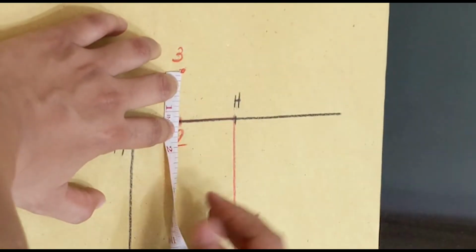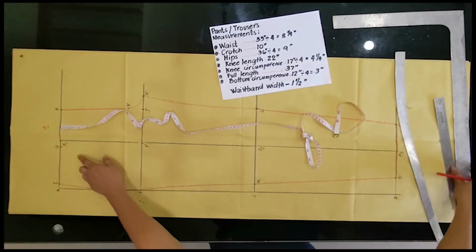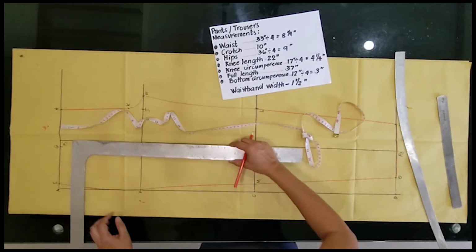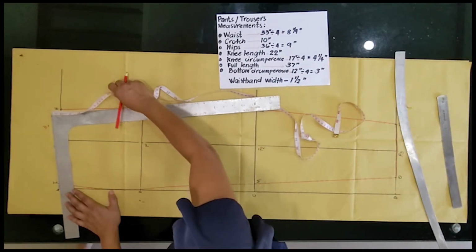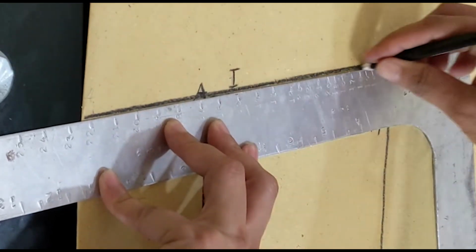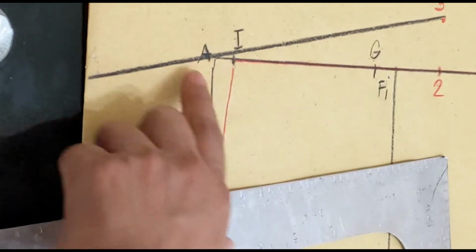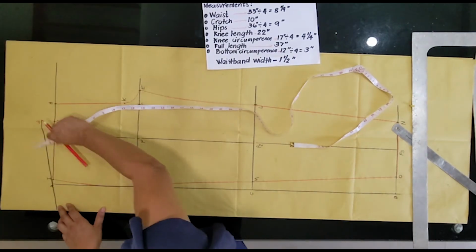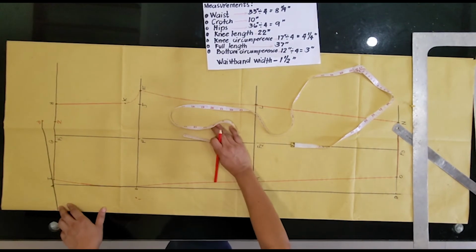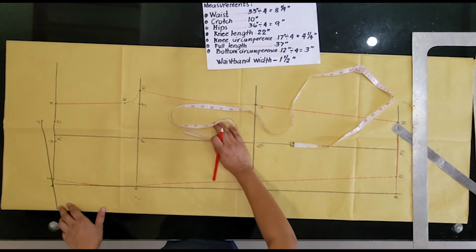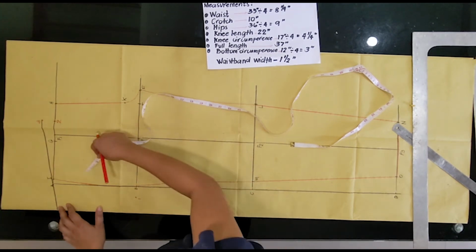And then we have to connect point 3 and 8. From 3 to 4 is 1/4 of waist circumference plus 1 and 1/2.